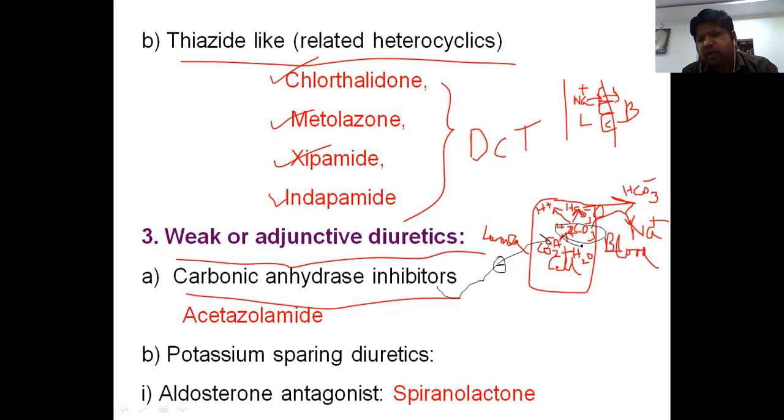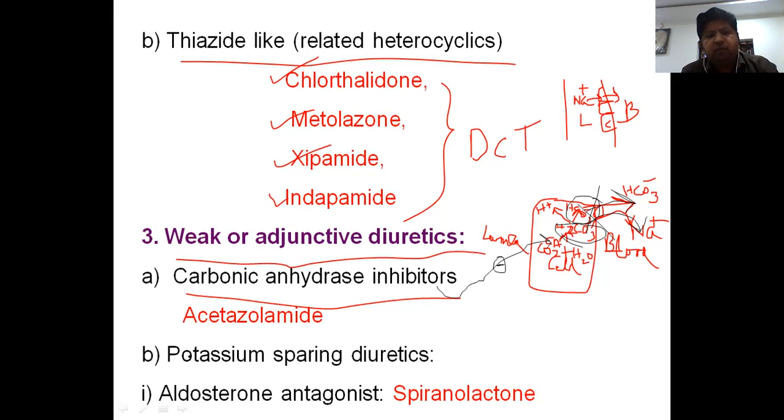When carbonic acid is not formed, bicarbonate HCO3 minus is not formed. When HCO3 minus is not formed, it will not be absorbed, and it doesn't take the help of sodium, so sodium is also not getting absorbed. Am I right? Thereby you are preventing the reabsorption of sodium. That is the mechanism of action of carbonic anhydrase inhibitors like acetazolamide, which we will discuss when I come to the individual diuretic.